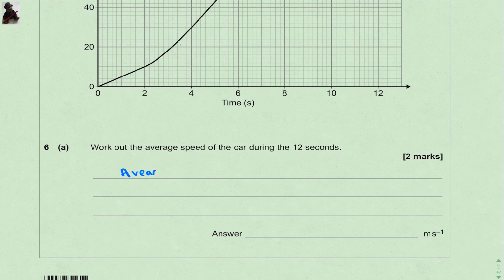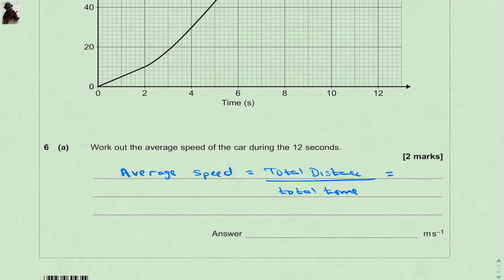Average speed equals total distance travelled over total time taken.